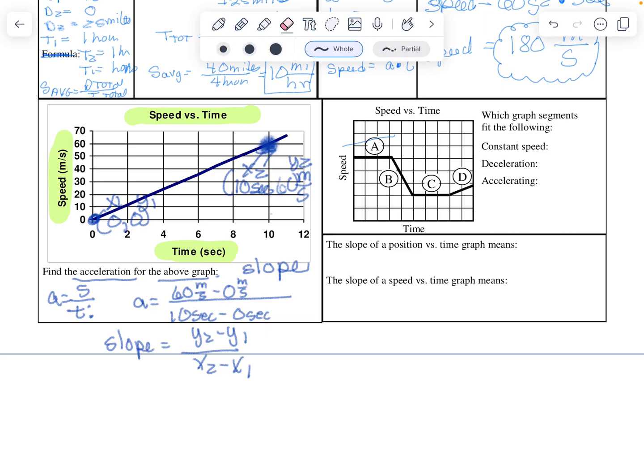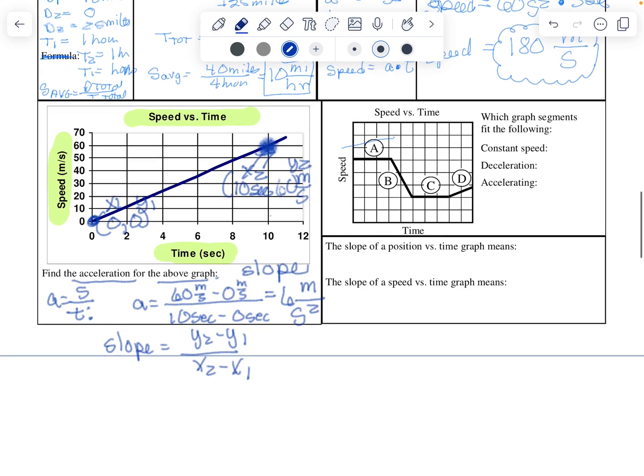So this will equal 60 divided by 10, 6 meters per second squared. So take a moment right now. If you need to pause to make sure you have this all down, please do.